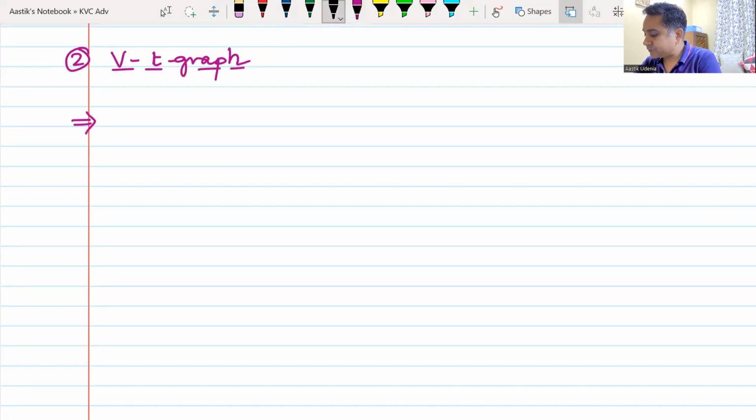So now what is going to happen, my dear friends, is we will have velocity plotted on the y-axis and time plotted on the x-axis. This is VT graph. Do we understand this?